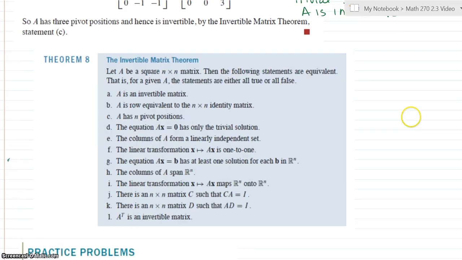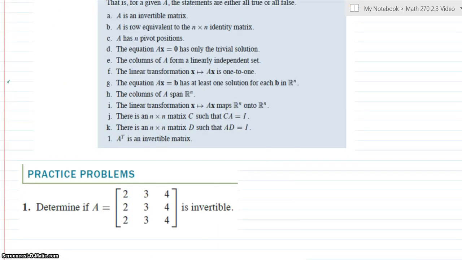So let's do a practice problem. Determine if this A is invertible. Well, it's not. Why not? Because if I look at these columns, I realize that they're multiples of each other. For instance, the second column is 3/2 times the first column, and the third column is 2 times the first column.